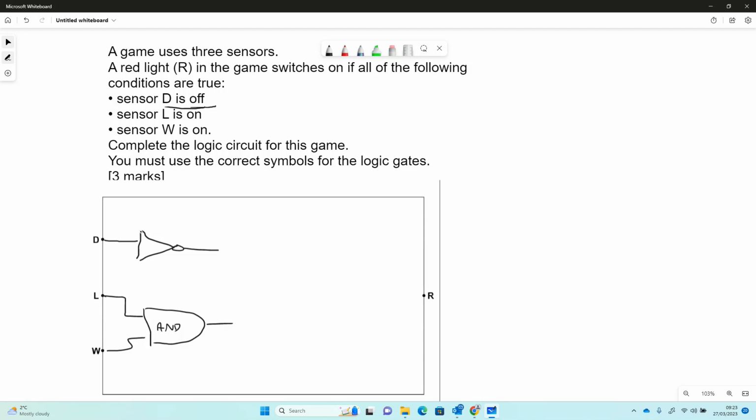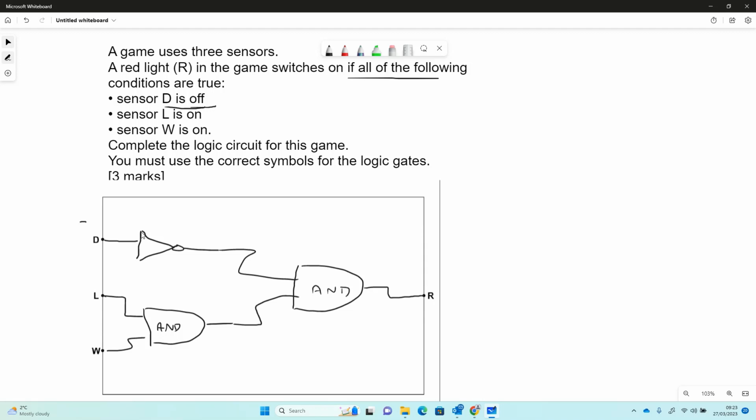like that. And then it's all of the following. So all of these things have to be the case. So therefore, we need to make sure that they are all the case by having another AND gate. And don't forget to connect it to the end. So sensor D is off.